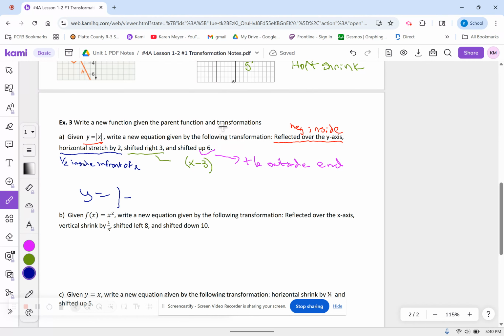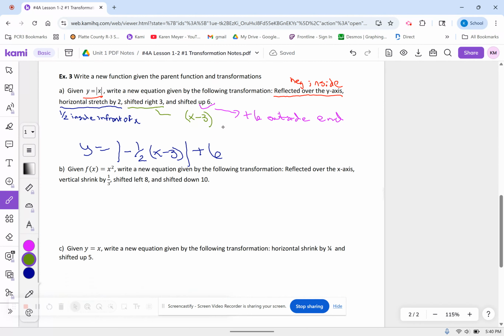Then I have to have a 1/2 in front of the letter x. So here's my 1/2. And then x is attached with your left or right movement. So then I would include my parentheses x minus 3. And then into my absolute value. And then at the very outside of it, at the end, I would put a plus 6. And there's my answer.